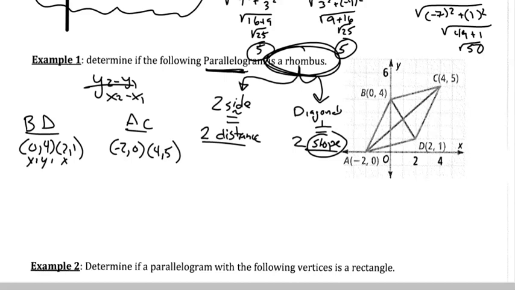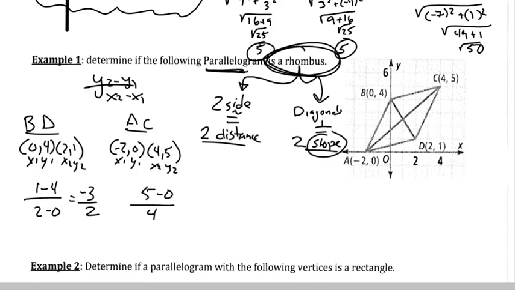x1, y1, x2, y2. 1 minus 4 all over 2 minus 0. This slope is -3/2. So if the other one was positive 2/3, we would know it was a rhombus. x1, y1, x2, y2. 5 minus 0 all over 4 minus -2 gives us 5 over 6.